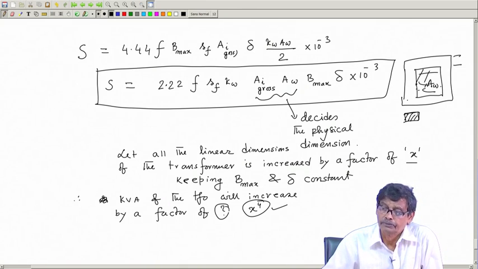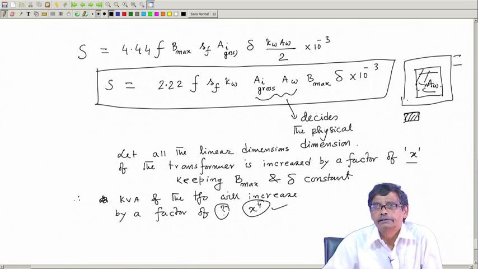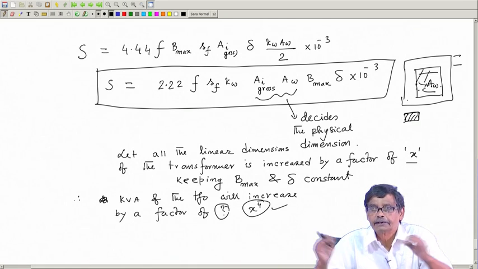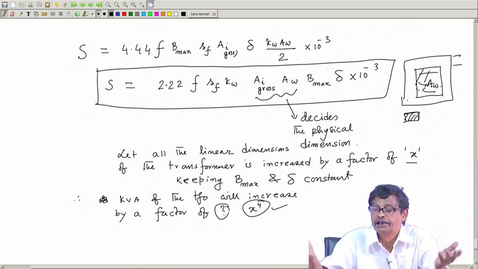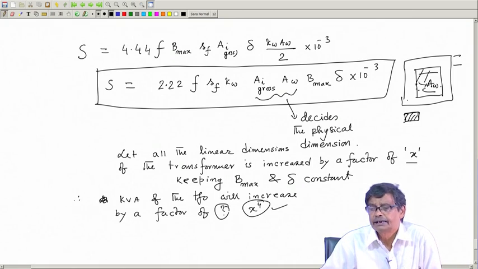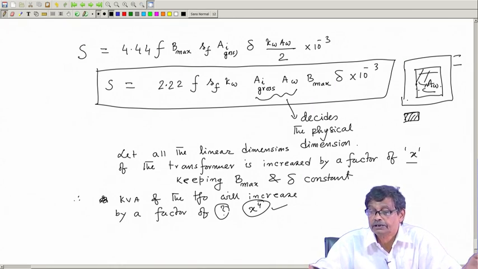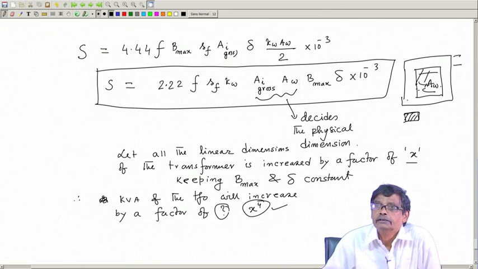As I told you earlier, when heat will be generated, that heat will also be dissipated through its exposed areas, and when the rate at which it is generated within the transformer matches with the rate at which it is dissipated out to the outside world, then constant temperature will be attained.